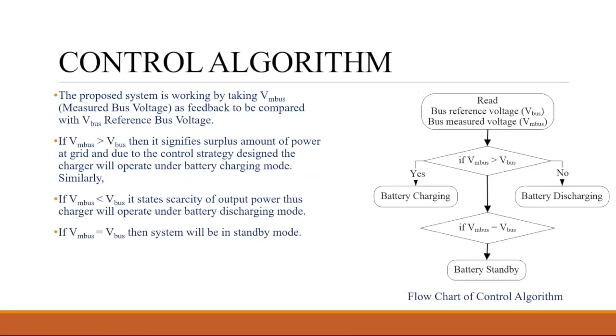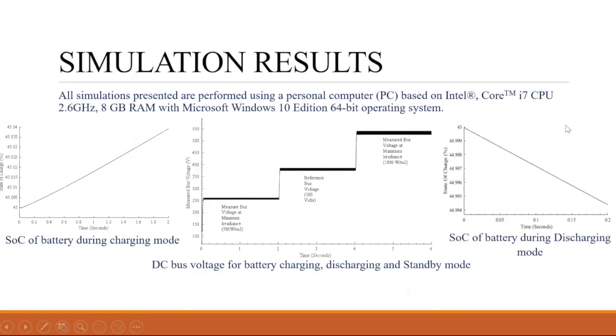It's a flow diagram. If the measured bus voltage is greater than the reference, yes, the battery will charge. If it is no, the battery will discharge. And if it is equal, we have to do nothing. Leave it. So this is a normal control algorithm that we implemented. Okay, so that's it. It's easy. Yeah, these are the simulations. Okay, so look.